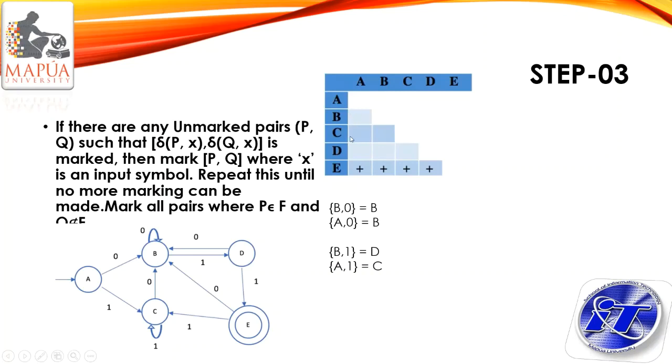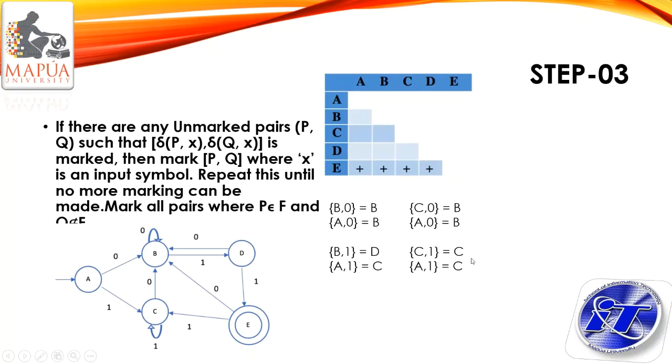Now let's proceed with CA. C at 0 will go to B, and A at 0 will just go to B. And then C at 1 will just loop within itself, and A at 1 will go to C. Again, both BB and CC are not marked, so we're going to proceed to the next cell, which is BC.